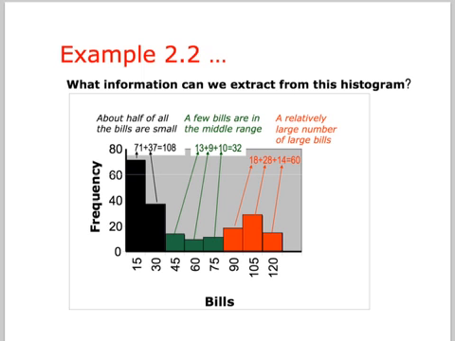So histogram is useful to show the distribution of your data set. Once again, histogram is used for what, guys? To graphically show the distribution of your set of data.